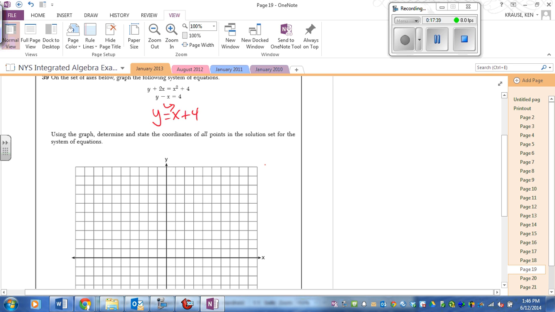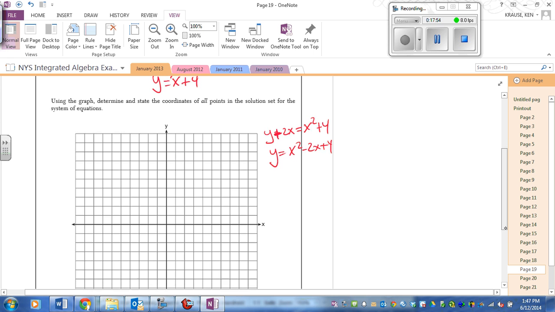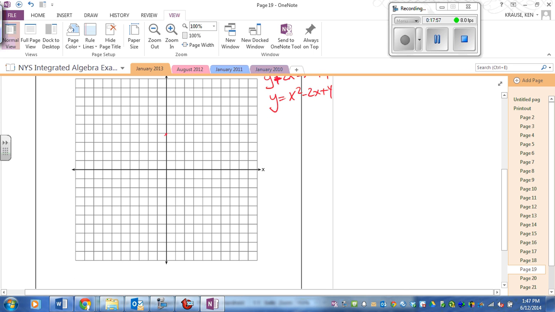And the other one is right here, y equals x squared minus 2x plus 4. Positive 4. That's that point.